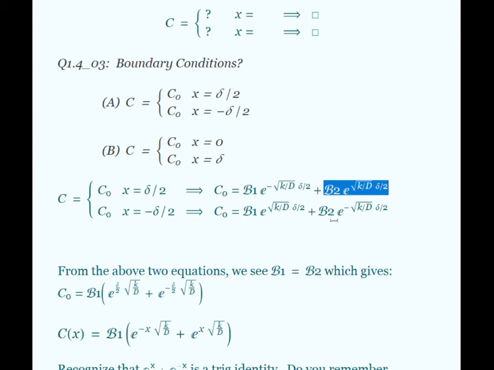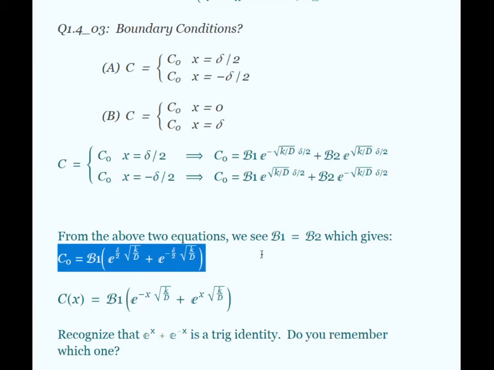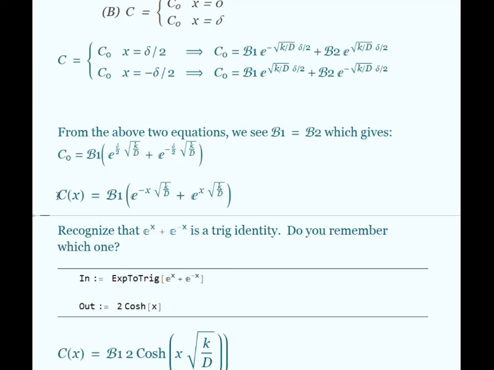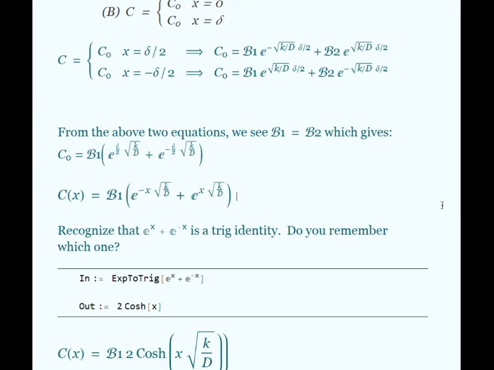Just by inspection we come up with b1 equals b2, and we can write this in this form here. This is the equation from plugging in our boundary conditions that will allow us to solve for b1. And don't forget our general equation, I'm just reminding you of what that is. Once we solve for b1, we can put it in here.